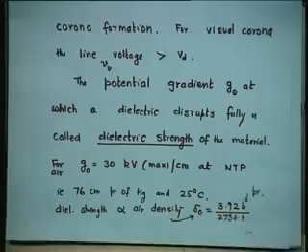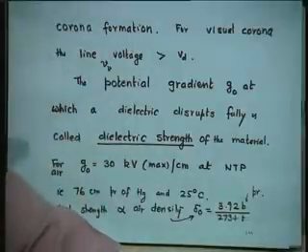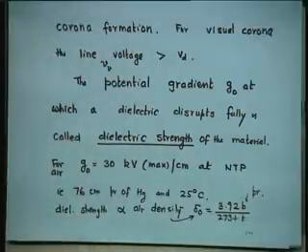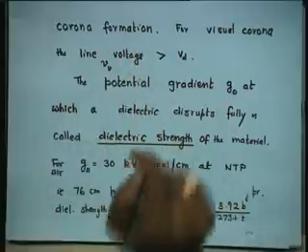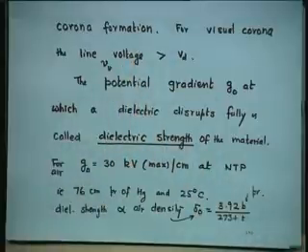And when that potential difference is available, we say corona is formed. And if you want to see that corona, then it will still go higher, and that is called visual corona. And the line voltage must exceed this VD, and that line voltage is called VV, visual corona.